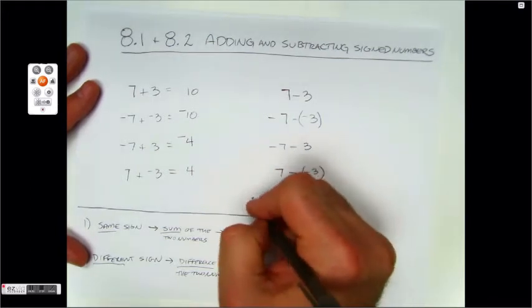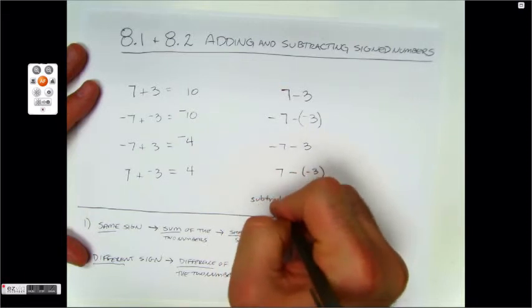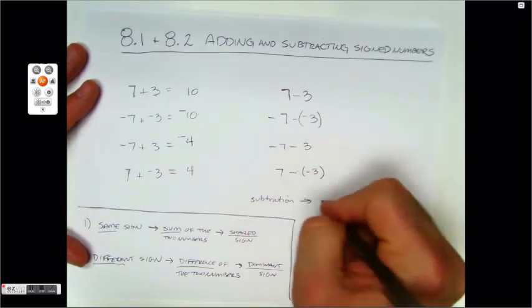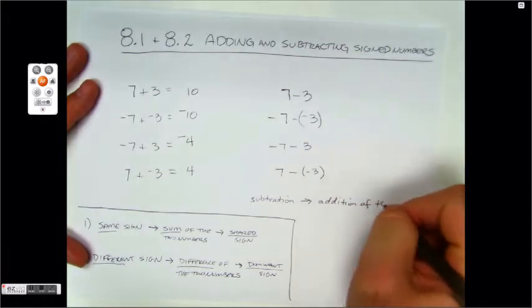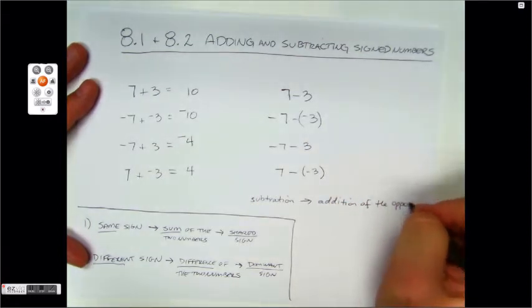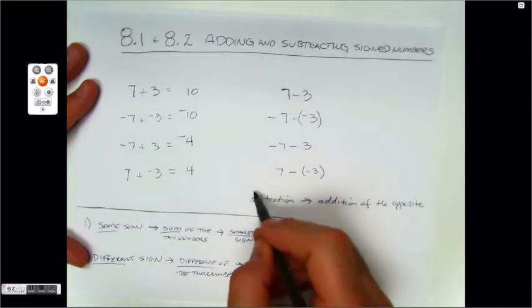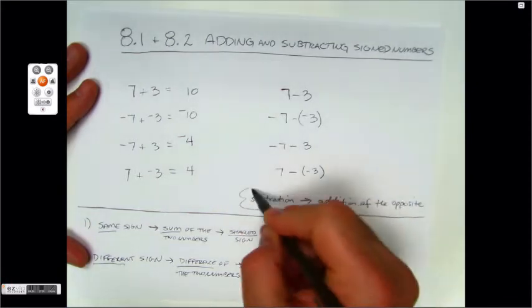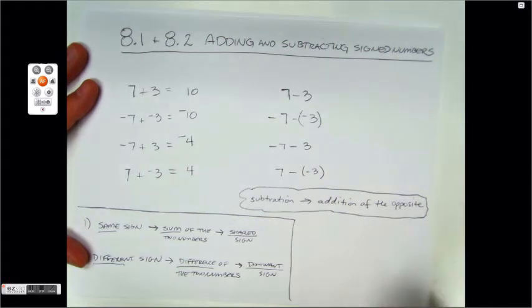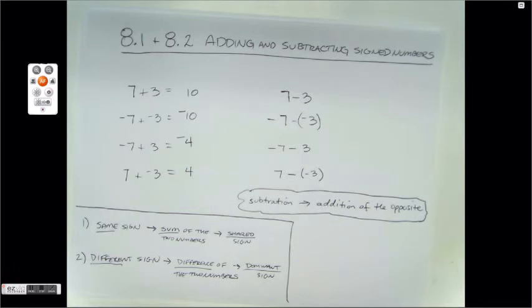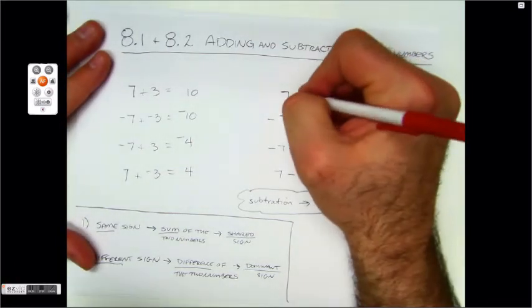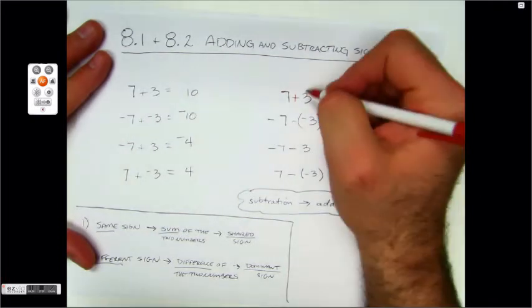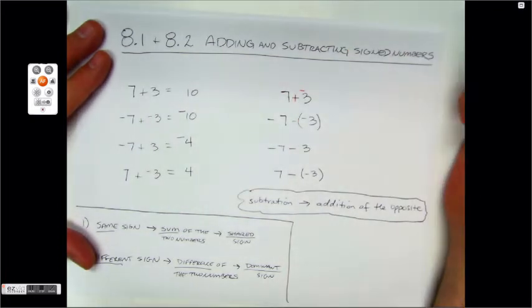We can change a subtraction to addition anytime we want to, as long as we do addition of the opposite. This is pretty powerful right here. Subtraction we can change to addition anytime we want to, as long as we say addition of the opposite. So what we mean here is, we're going to change this subtraction to addition, but then we need to change what's behind it to its opposite sign.